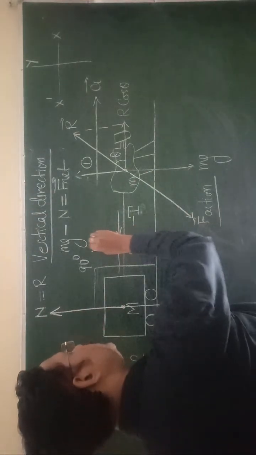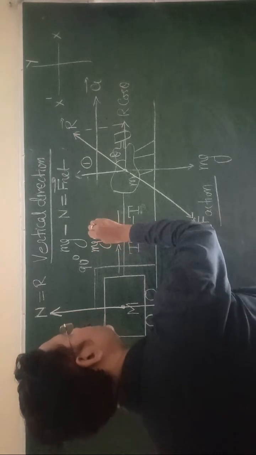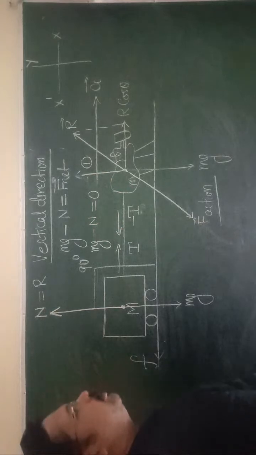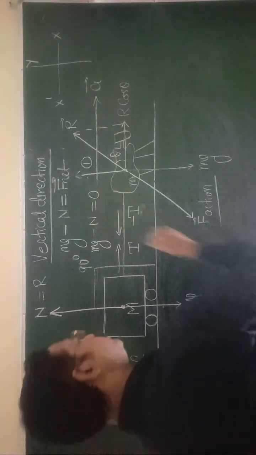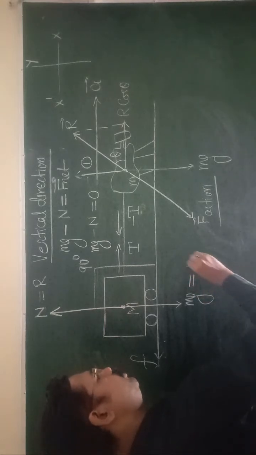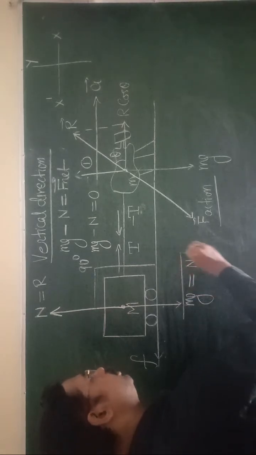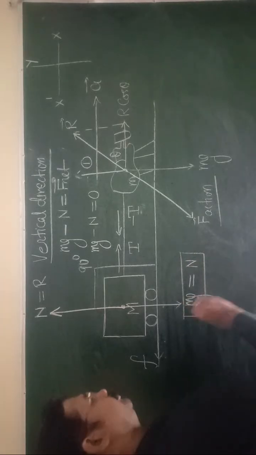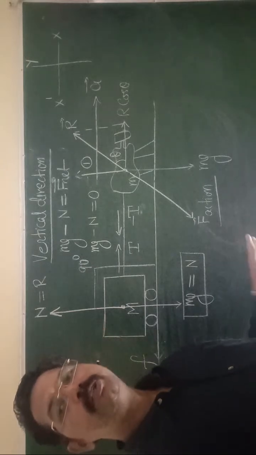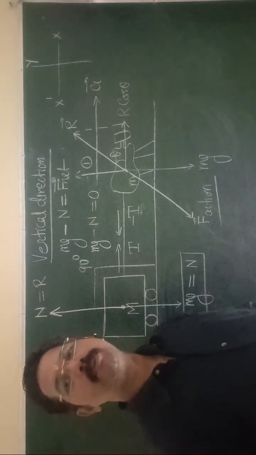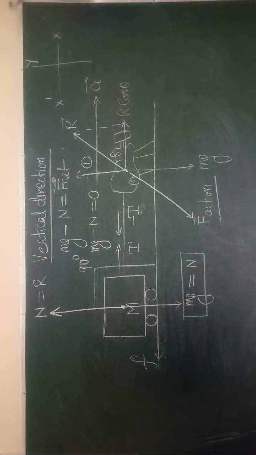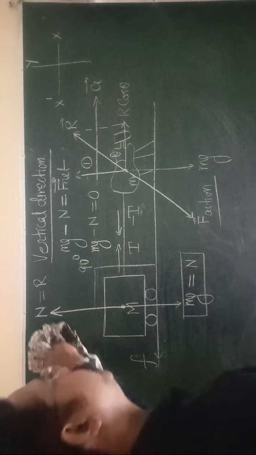So mg minus N is equal to what? Net force is zero. You can say mg and normal reaction are equal. So there is no net force. Equal forces, but the direction is opposite. So we have to find out the acceleration.